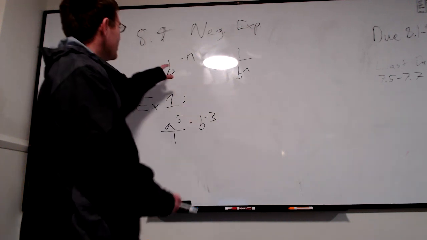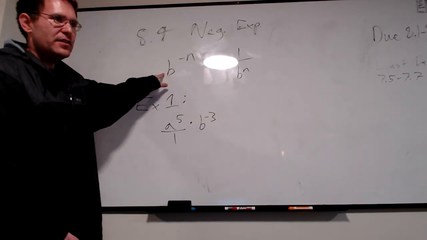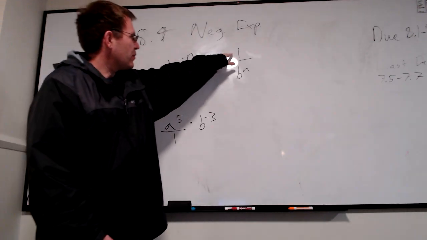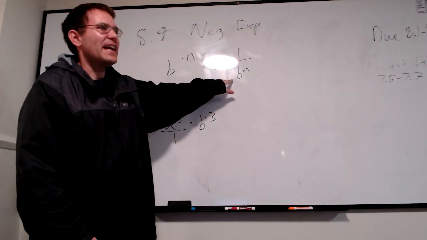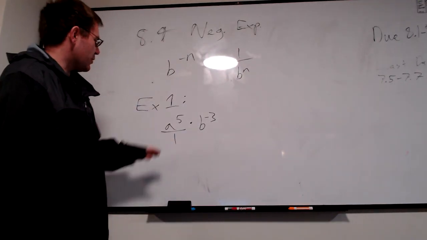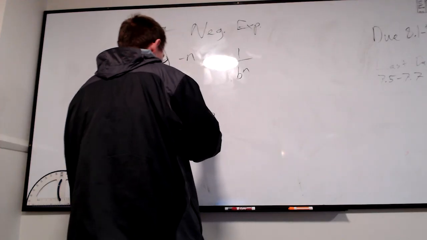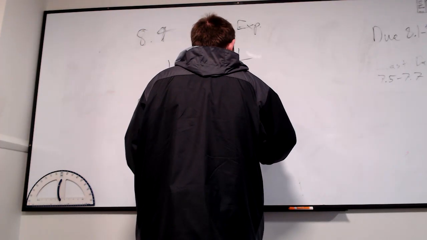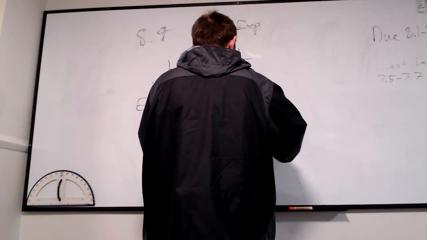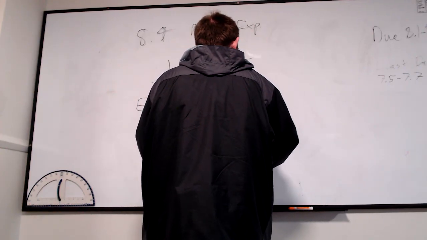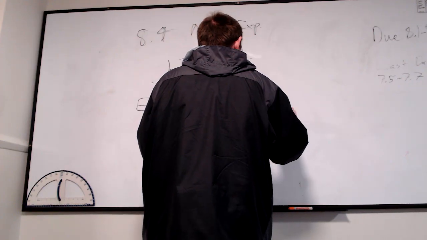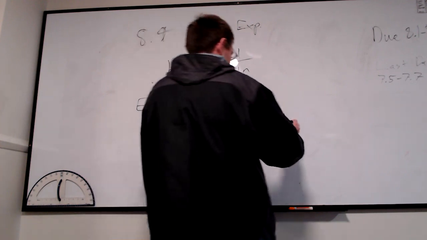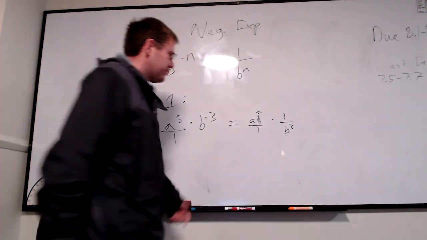So if you look here, we have the base number to a negative exponent, so then the positive reciprocal goes on the bottom. I'll do a little translation here. So we have a to the 5th over 1 times 1 over b to the 3rd.